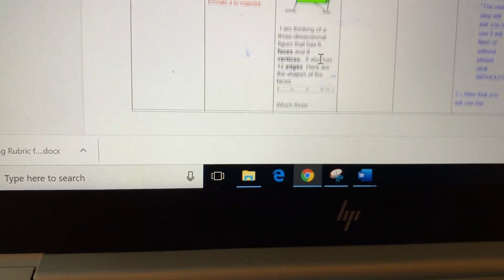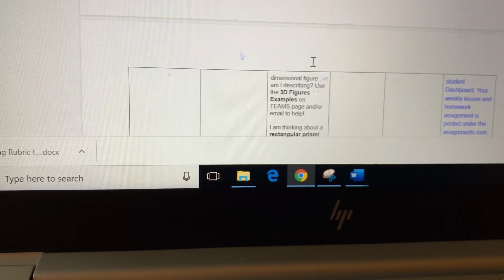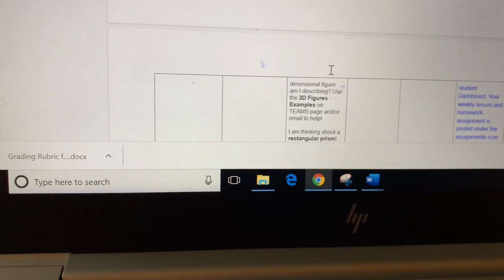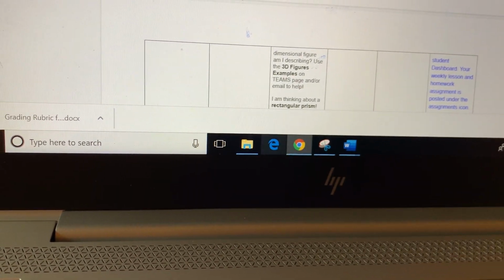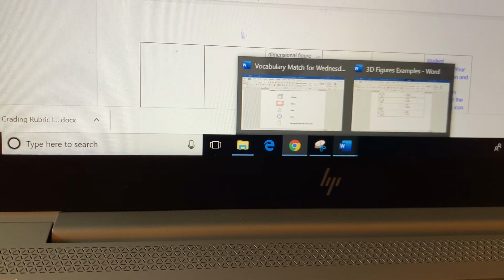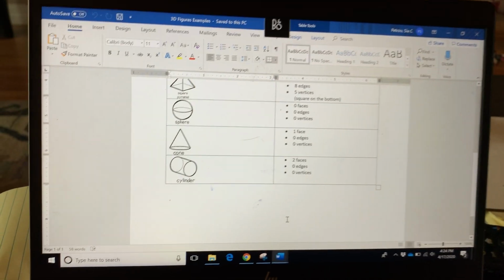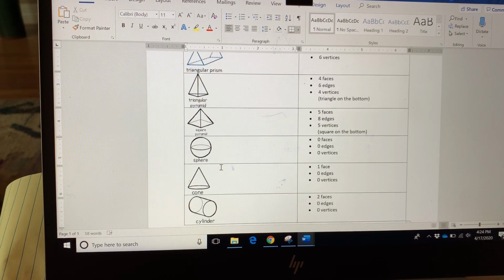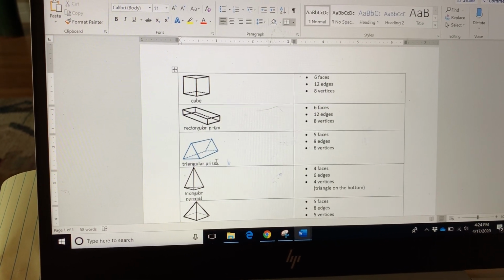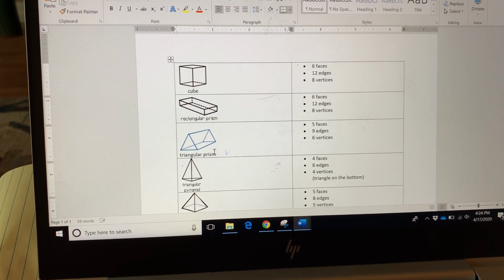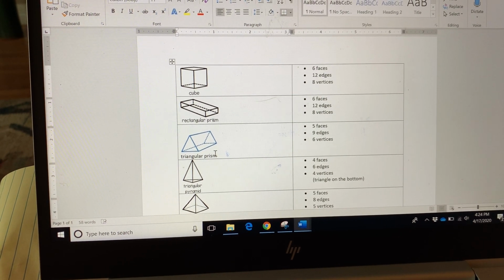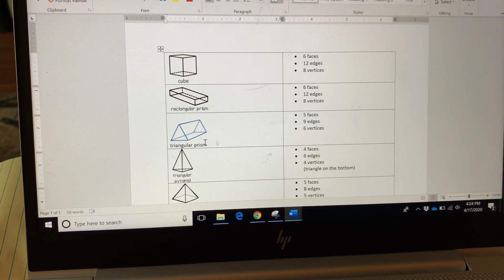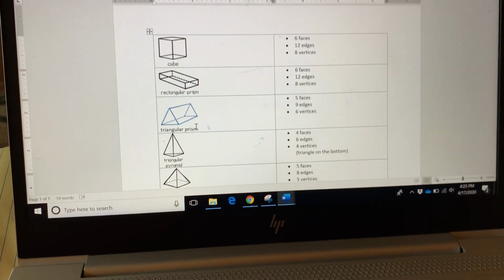Okay, now, Miss Petru gave you a chart to help you with that, okay? I know that was gonna be a little bit hard to do by yourself, so I gave you this guy. So you're gonna look at this chart to help you. Now, which 3D shape has 6 faces, 8 vertices, and 12 edges, okay?